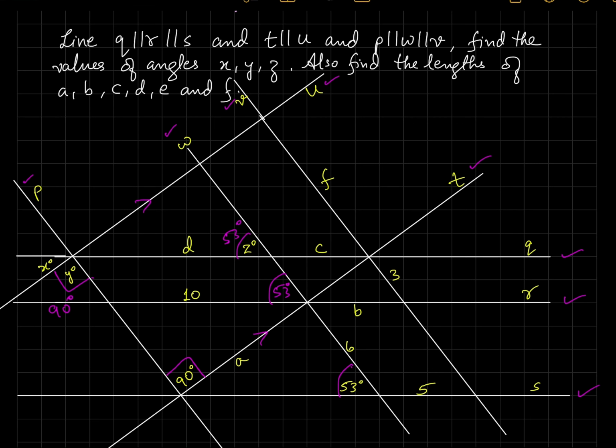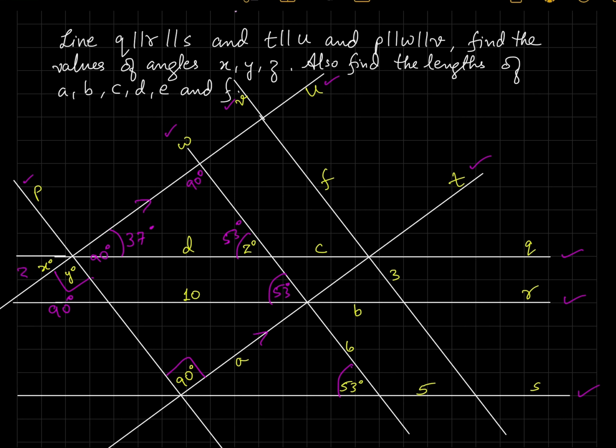Now this angle is 90 degrees, this angle is 90 degrees, so obviously by supplementary angles this would also be 90 degrees. I can see this is a square, so this would also be 90 degrees. And then this angle would be 90 minus 53, which is 37 degrees.